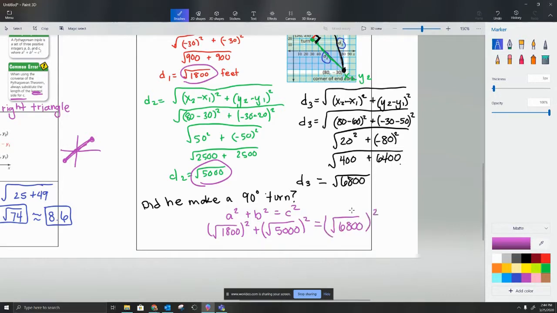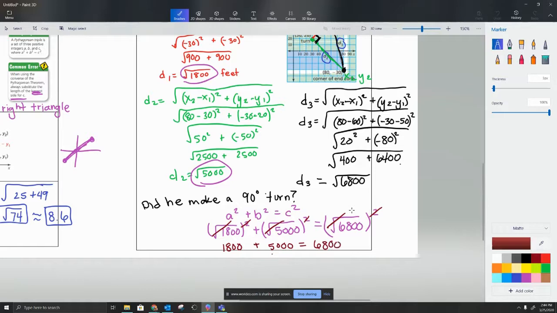Now, before you freak out about this, keep in mind that when we square a square root, that cancels out and we're left with just the number. Because squaring and square rooting, those are inverse operations. So all of these fancy symbols here are getting canceled out, and I'm left with just the basic numbers because I'm squaring a square root.